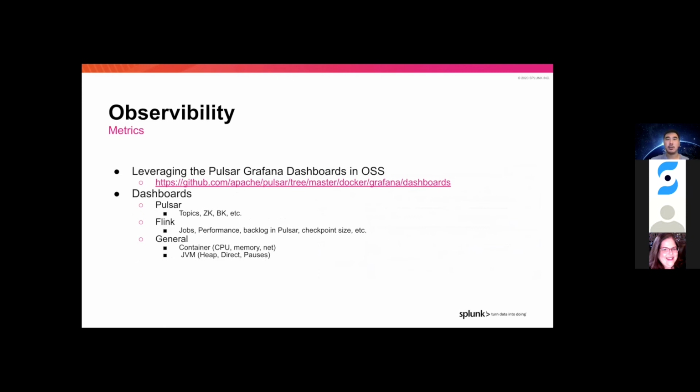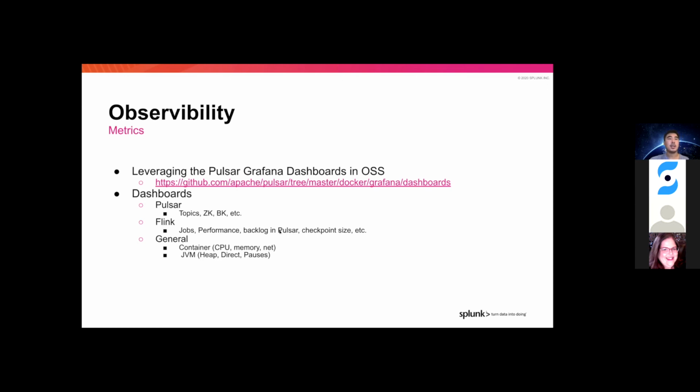That's available for everyone, and we're running those dashboards internally too. And for Flink, we have a set of dashboards to monitor jobs, performance, and backlog in Pulsar, which is one of the important things to make sure we don't have. Also checkpoint size. All of these fine-grained metrics really help us debug the issue if there's a problem in these specific systems.